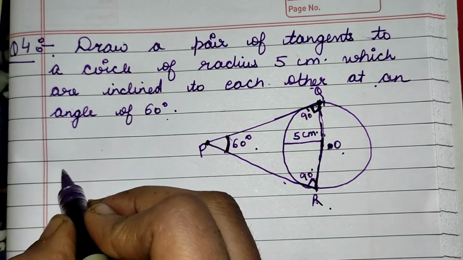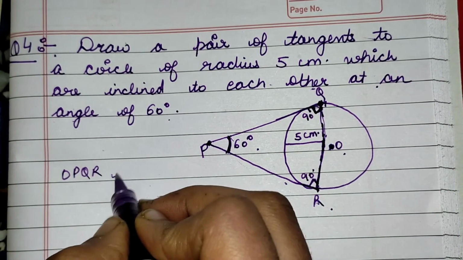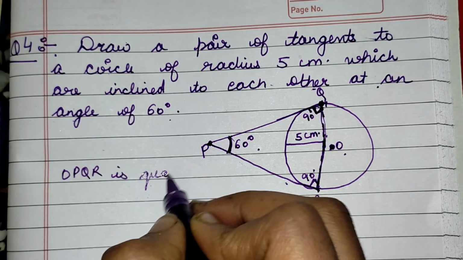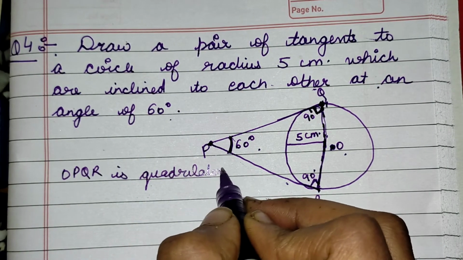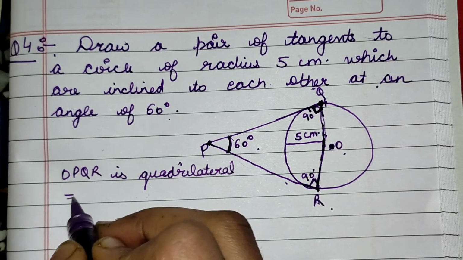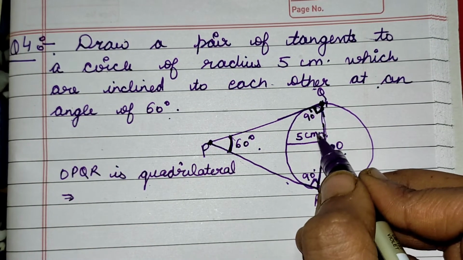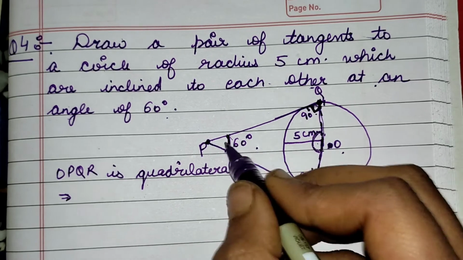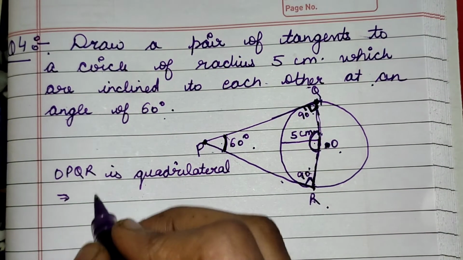So this OPQR is a quadrilateral, right? So if this is a quadrilateral, that means sum of all angles, this is my fourth angle, sum of all angles will be equal to 360 degree.